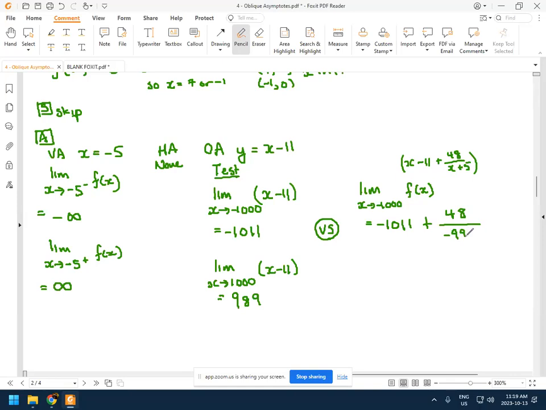That's going to be -995. So, based on this, is this going to be above -1011 or below? It's going to be less than -1011. Therefore, if I go to the left, it will be under the y equals x minus 11 line.